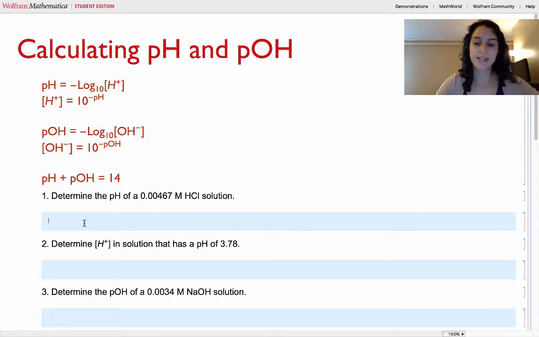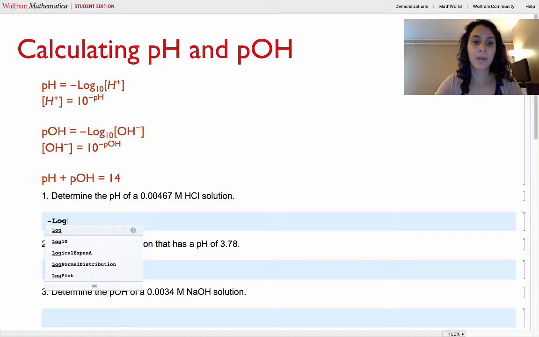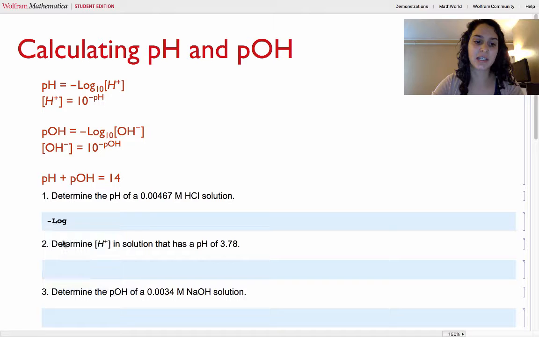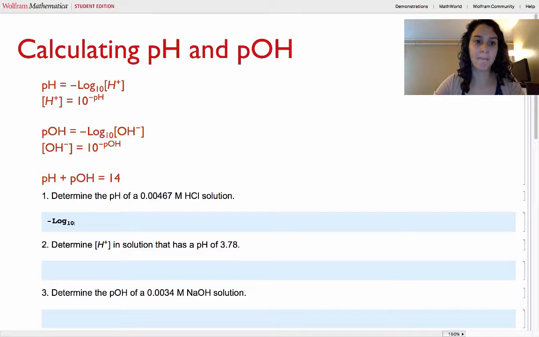So if I take the negative log, making sure my log is capital, I want it to be sub 10. Then I do my concentration with square brackets, and here's my concentration.